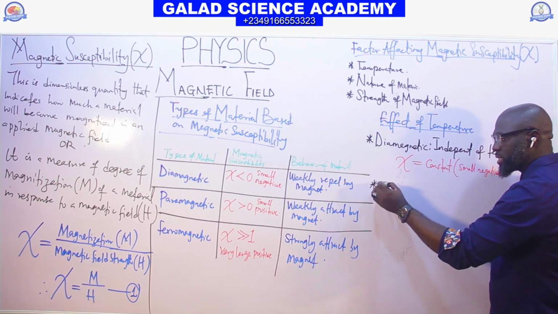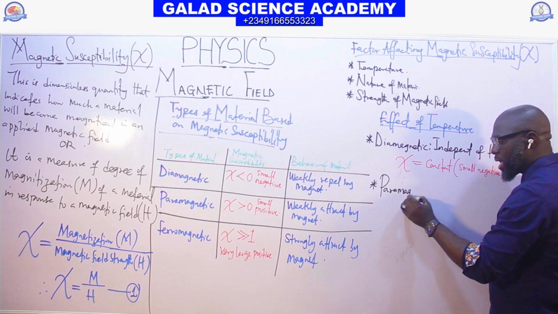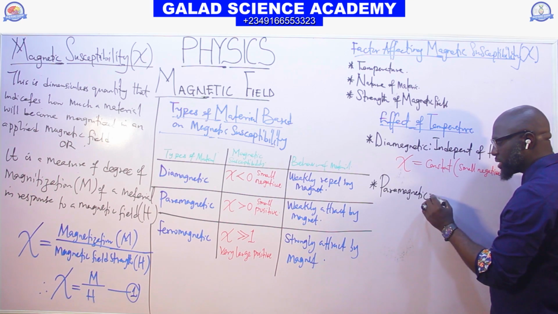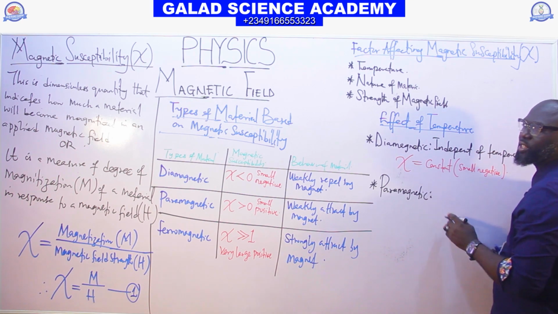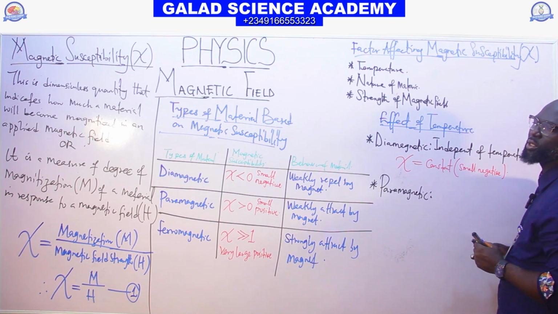So the next one, we have paramagnetic substance. What is the effect of temperature on paramagnetic substance?